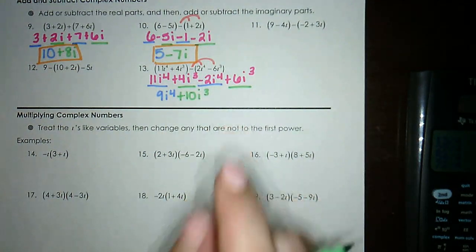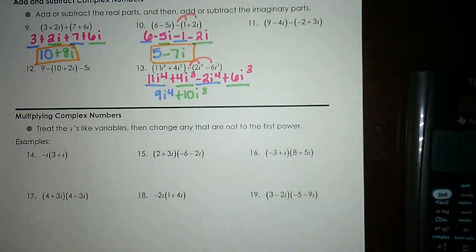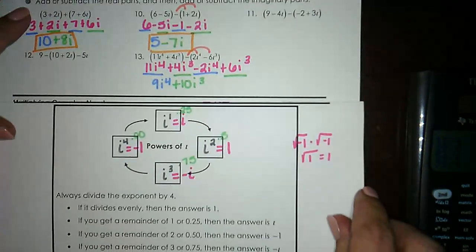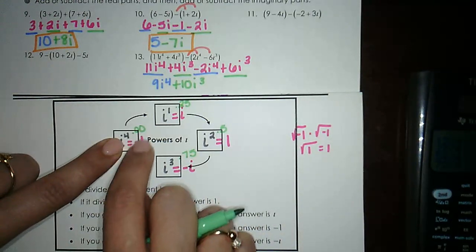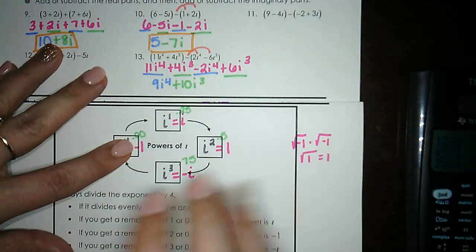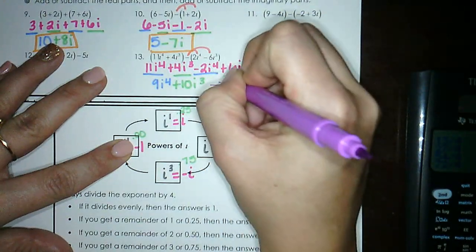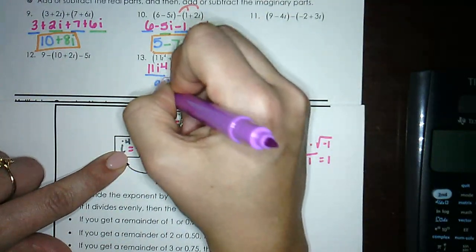And we can do that using our clock. So when we do this, I know that i to the fourth is like 4/4. So it's 0.00, which is 1. So this is going to be 9 times all of this is just 1.